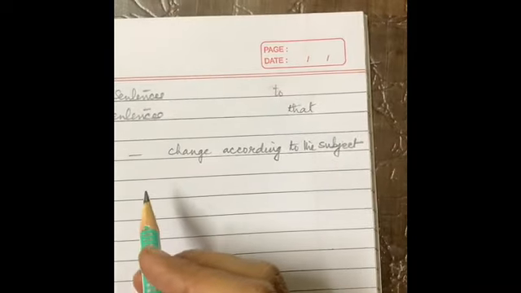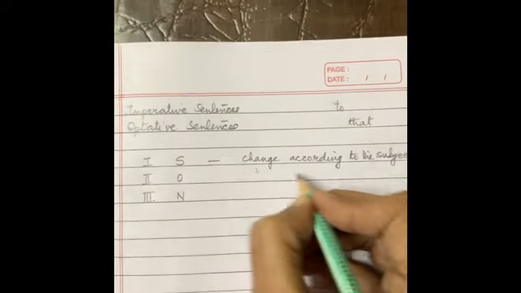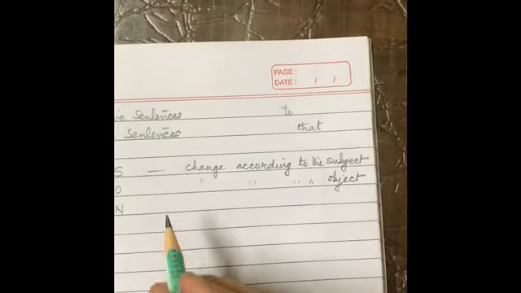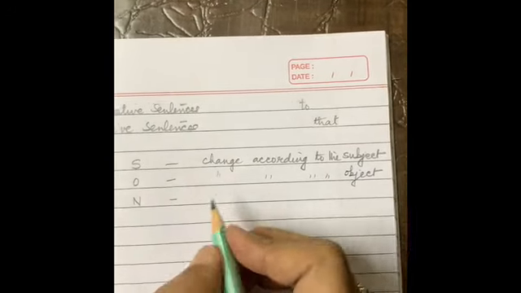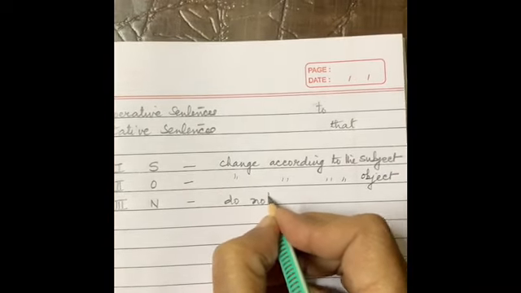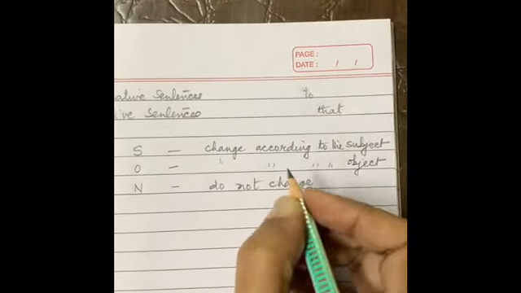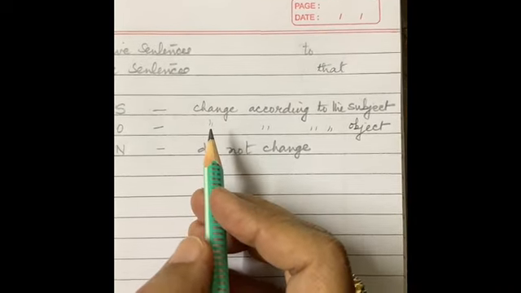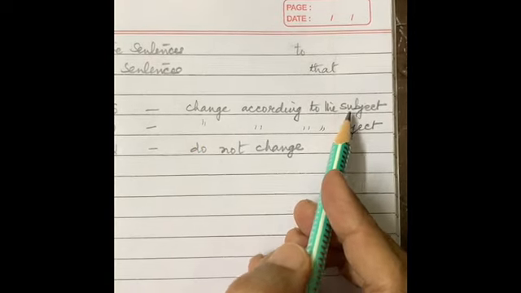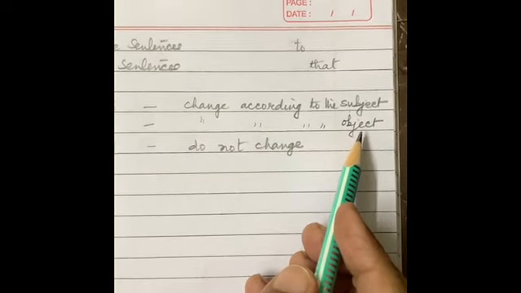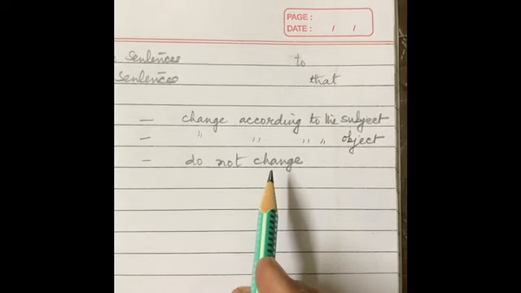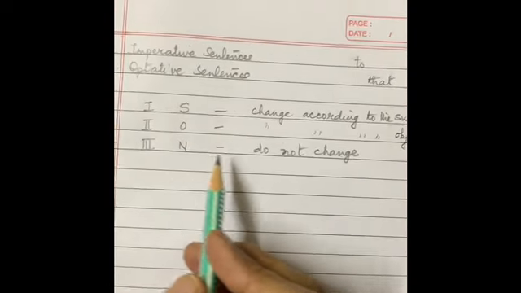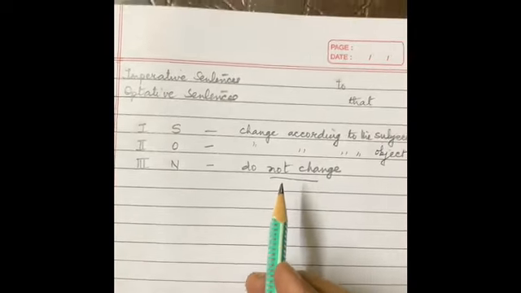Second person pronouns change according to the object. And the third person pronouns do not change. Now this N is for not change.